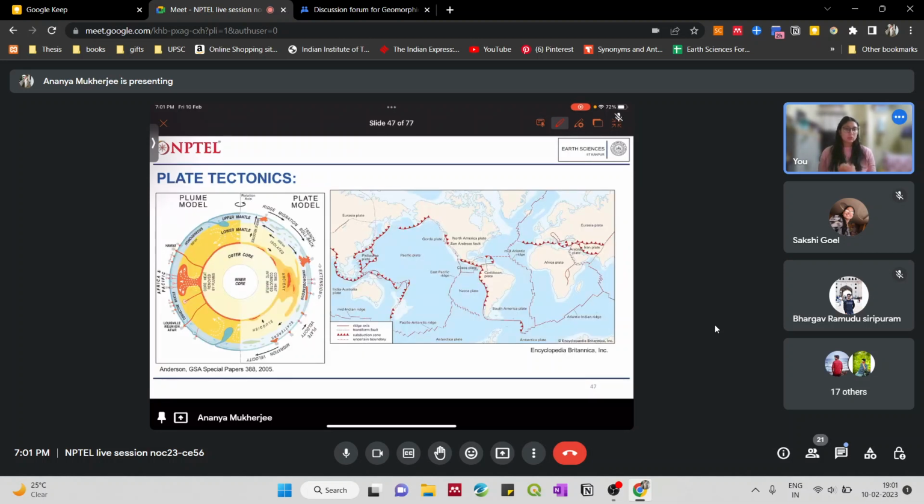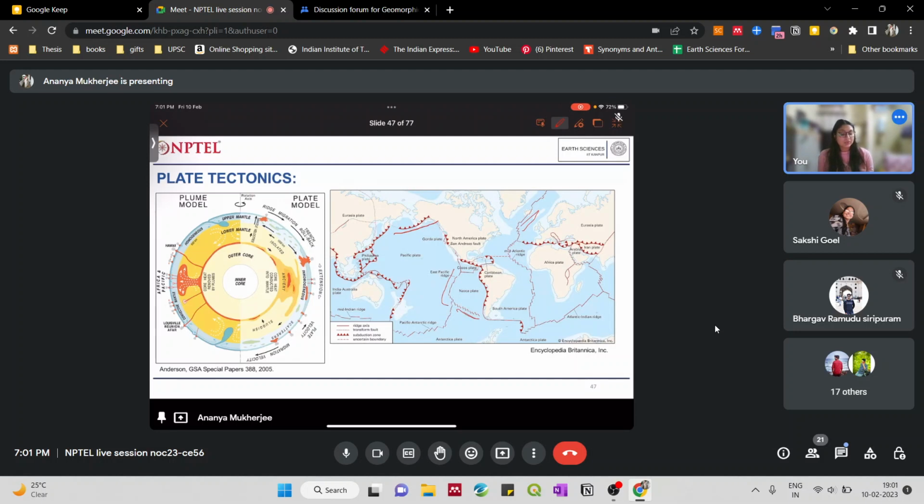Now we come to the important part of the entire reason why we study the Earth's interior, why we studied how the plate tectonics theory evolved. Okay, you can see over here these different features that are marked.